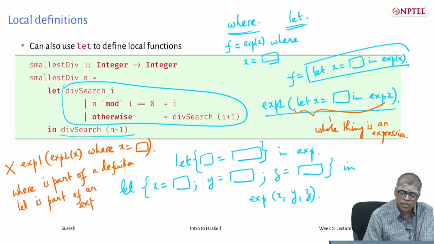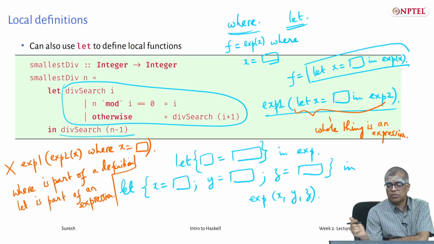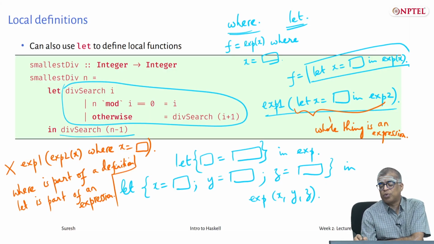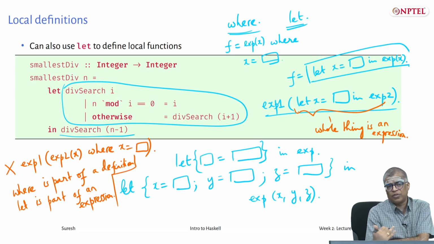This is a subtle difference. It is okay if you don't get it right now. Sometimes it will complain if you use it wrongly. Just know that there is slightly more flexibility with how you can use let. There are some flexibilities associated with where also. As we program more complex functions, we will realize what the difference between let and where is. But for now, you can use let and where interchangeably.